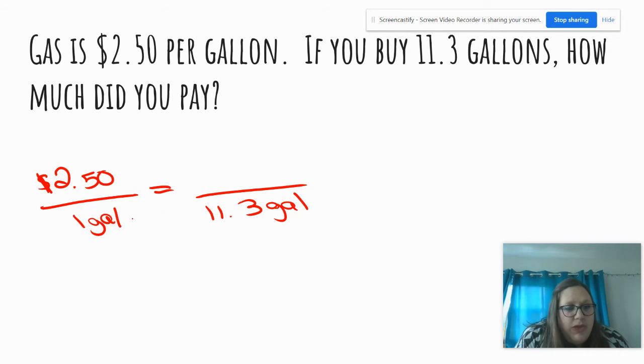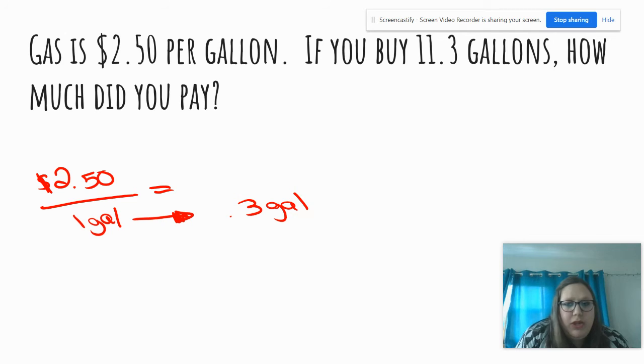This is a situation where we're going from 1 gallon to 11.3 gallons, and we want to do that by multiplying by 11.3. You guys know that a decimal doesn't change anything. If I said that you bought 2 gallons, you would know to multiply by 2. The decimal doesn't change anything. You're multiplying by the number of gallons that you have.